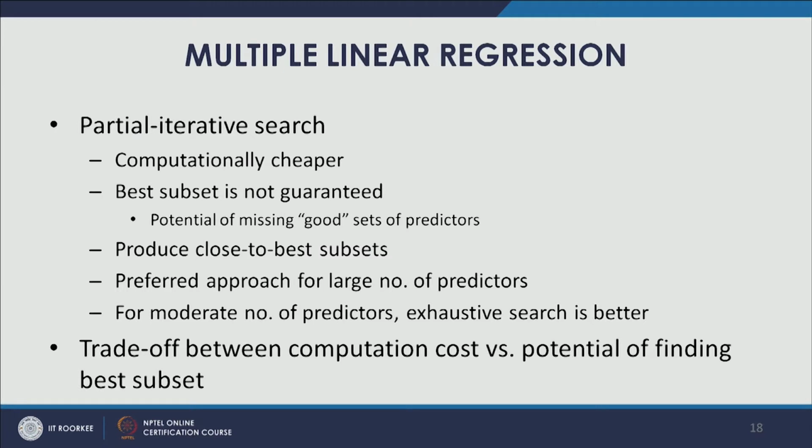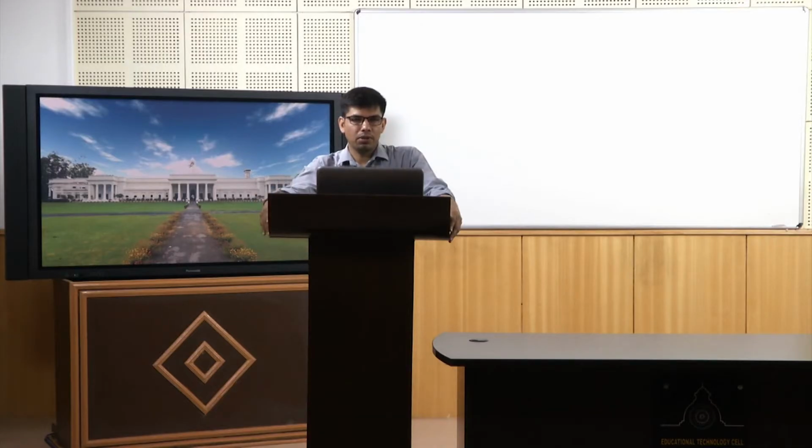Partial iterative search is computationally cheaper in comparison to the exhaustive search. In exhaustive search we try out all possible combinations of predictors, so it's more like a brute force approach. Partial iterative search, which works on different algorithms, is slightly computationally cheaper.